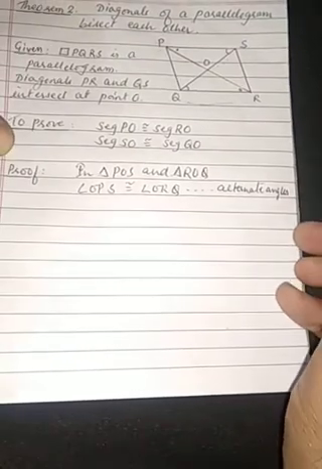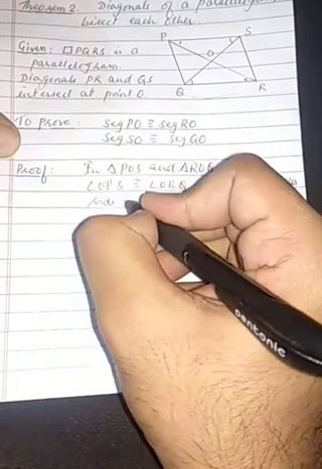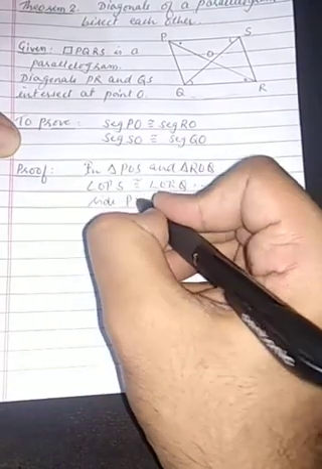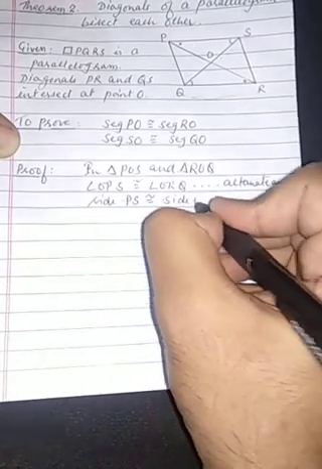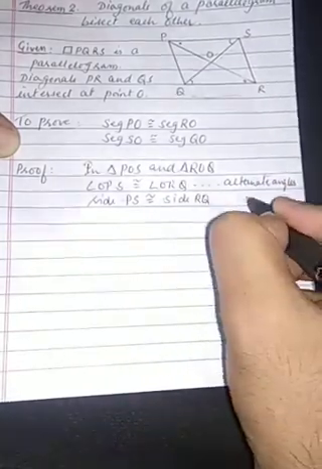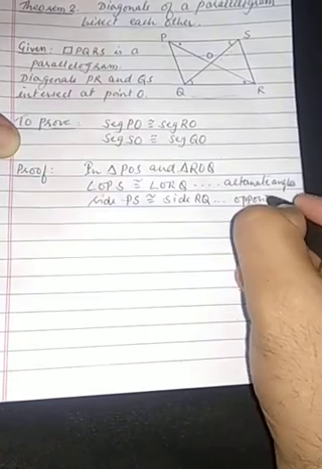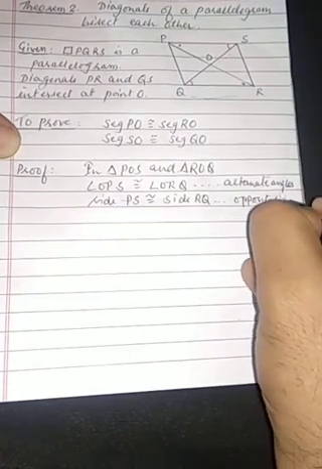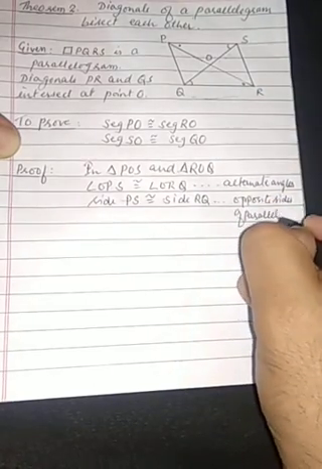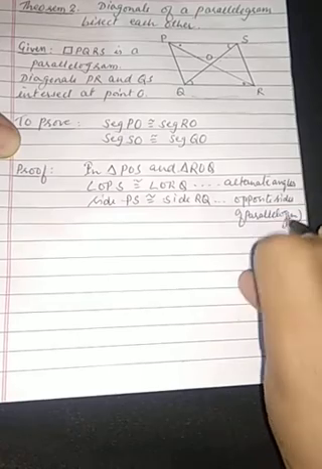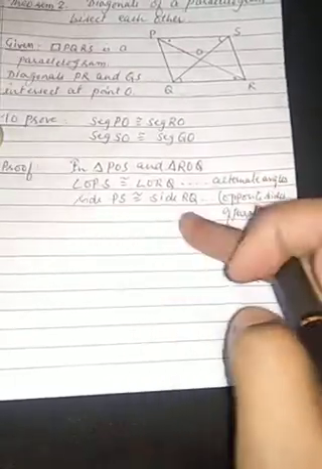Then you have side PS congruent to side RQ. Reason? Opposite sides of a parallelogram. We have already proved this in the previous theorem, so now we can give this as the reason: opposite sides of a parallelogram are congruent.